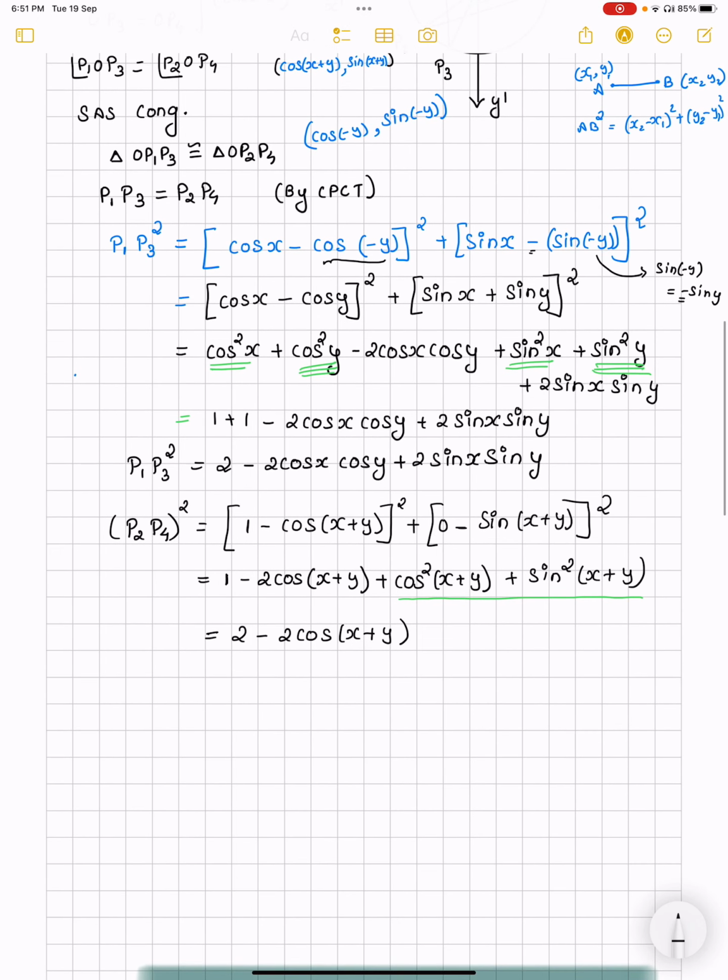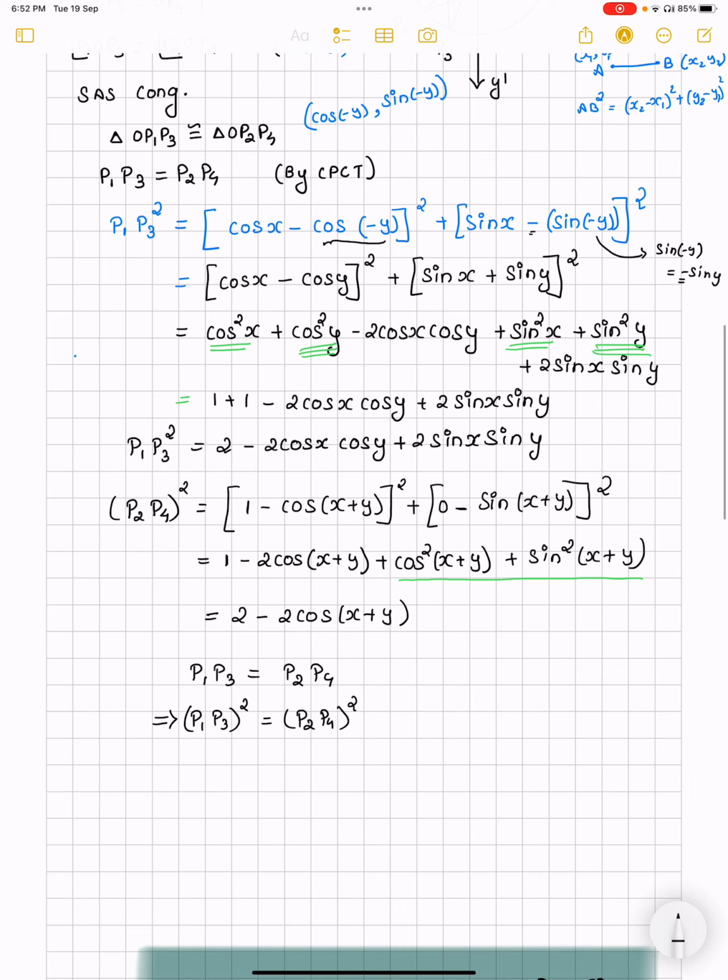Very simple concept. When you say that P1, P3 is equal to P2, P4, then if I'm squaring both the sides, even that has to be equal. So on that logic, we are proving it. So that means P1, P3, the whole square is equal to P2, P4, the whole square.